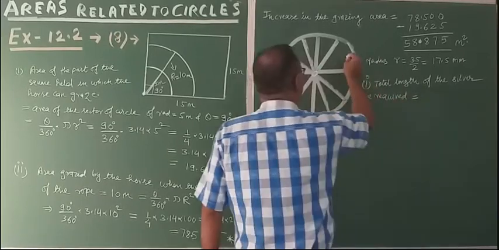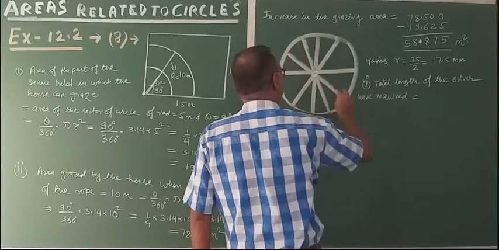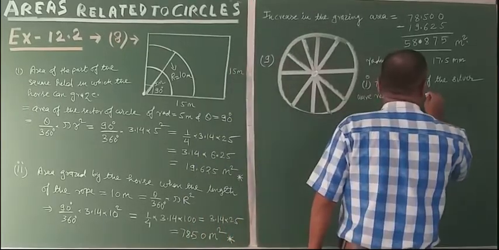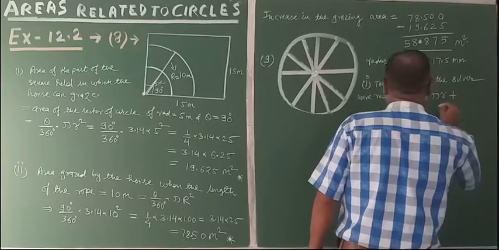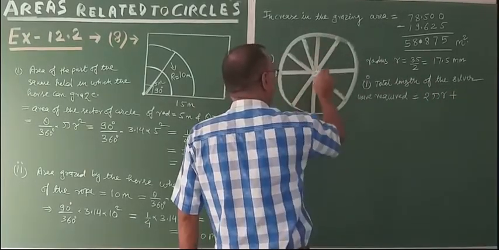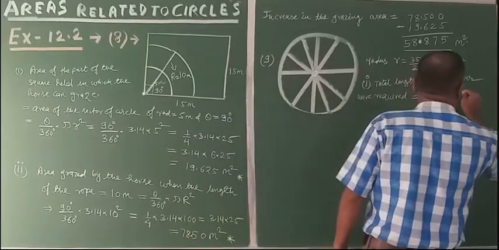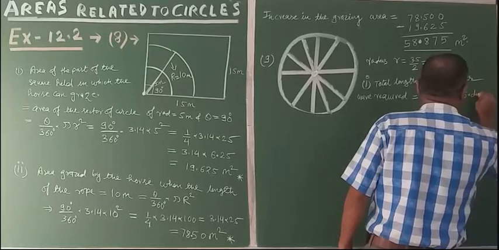So this is the total silver wire from here to here. So this is the circumference of the circle. Circumference of the circle, that is 2 pi r, plus these are the 5 diameters, plus 5 into diameters.